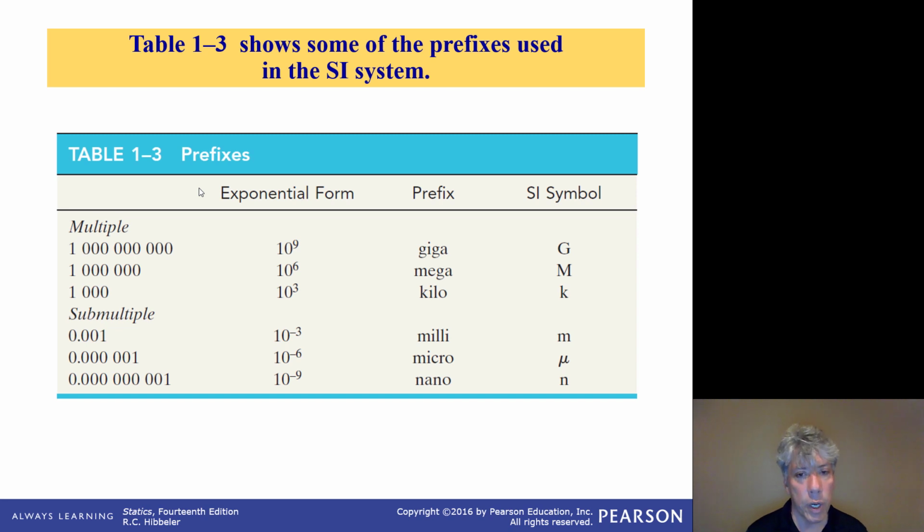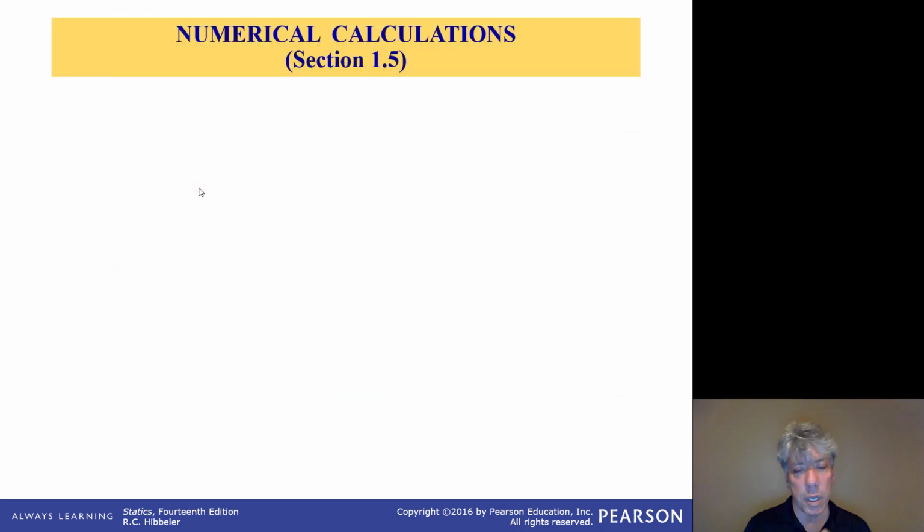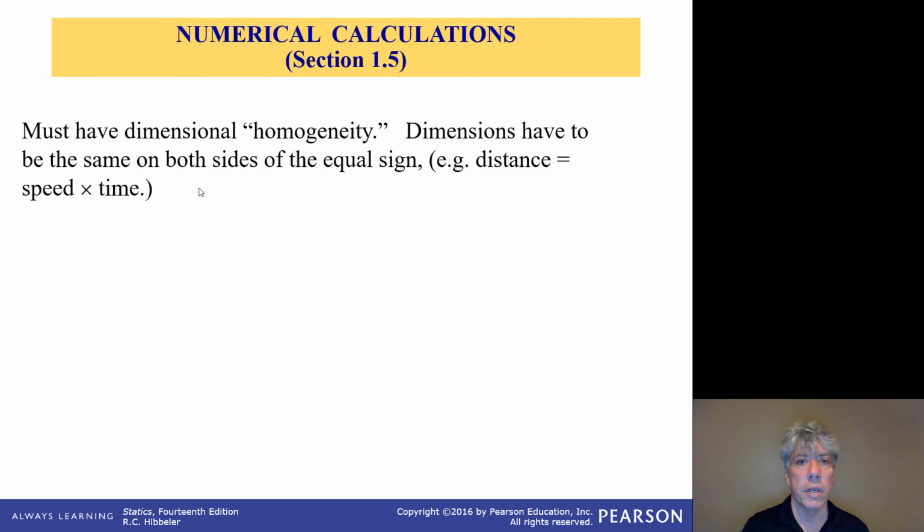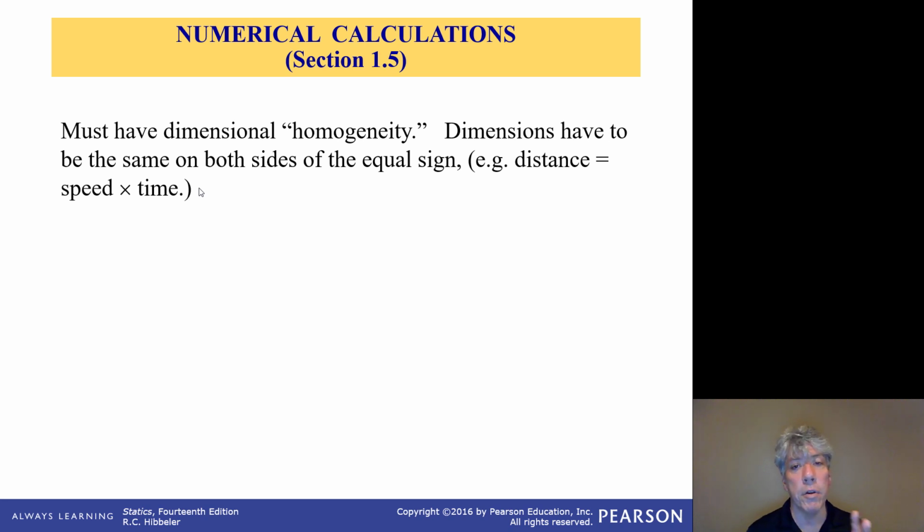So 0.001 is 10 to the negative third. Milli is the prefix used for that, and then micro, and then nano. If you're curious after that, it's pico, and then femto, I think. I don't remember. Anyway, so you'll get used to the prefixes as well. They're not too bad once you use them. Just remember they move by powers of 10 to the third, okay?